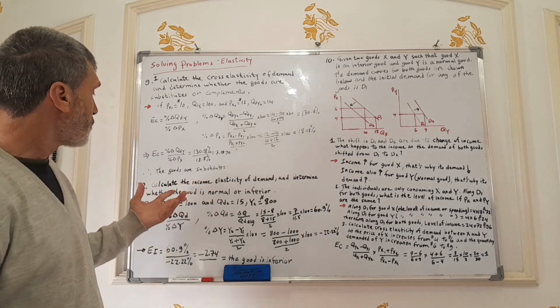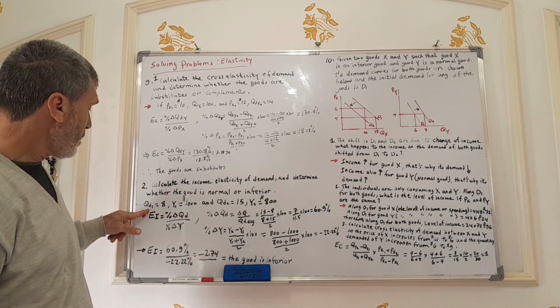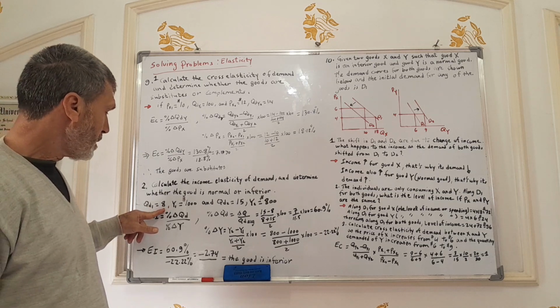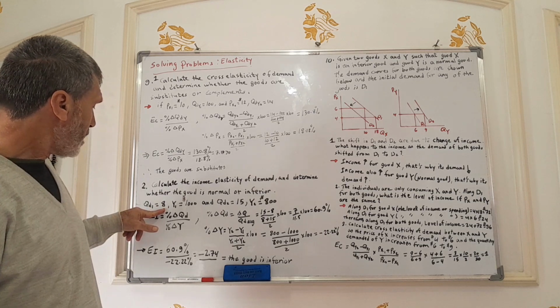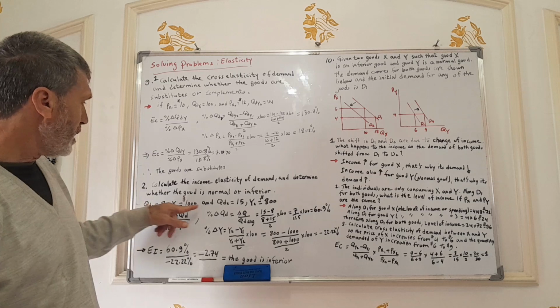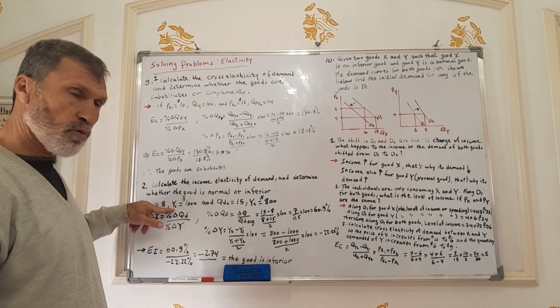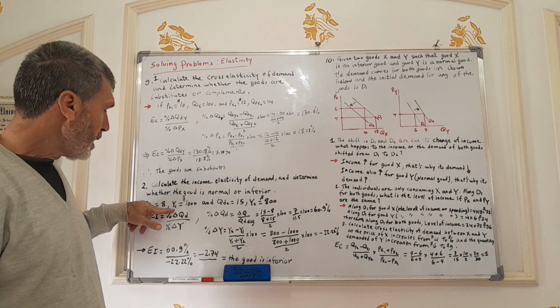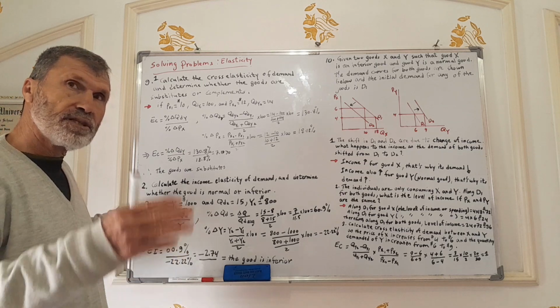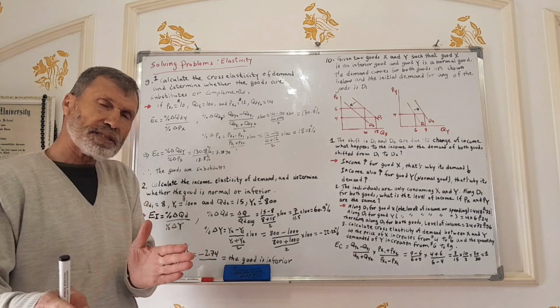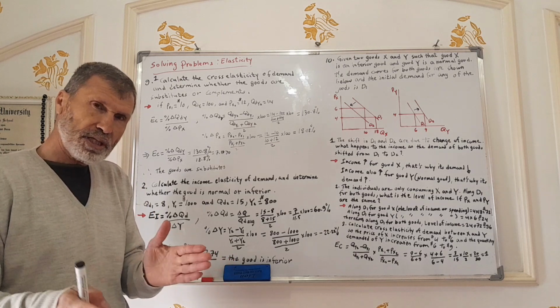So here we look, of course, at the quantity demanded. The initial quantity demanded of the good is 8, and the final quantity demanded of the good is 15, so it increased. Now the initial income, Y denotes income, Y1 is 1,000, the final income is 800. So as you can see, income decreased, okay? Income decreased.